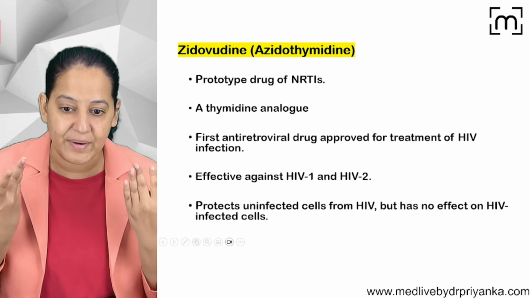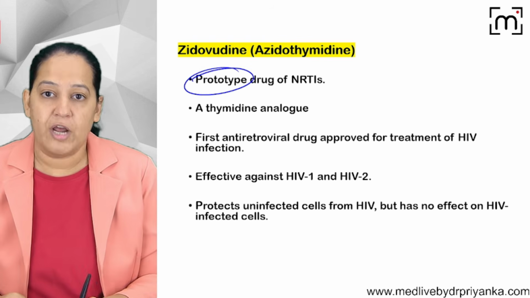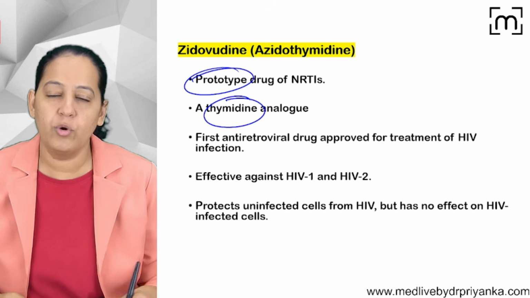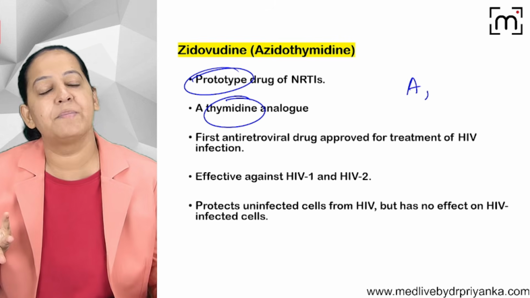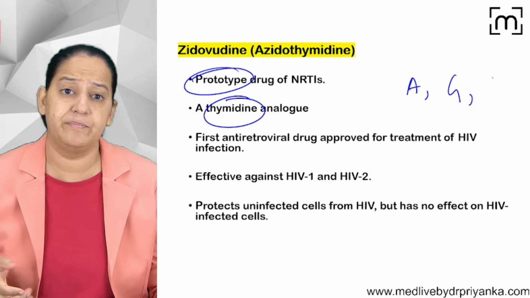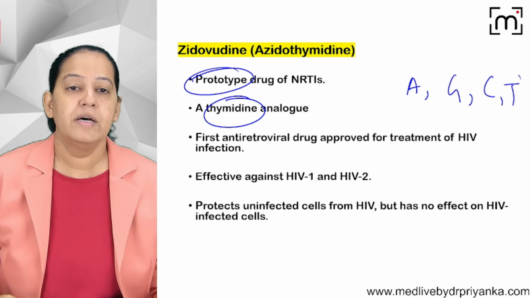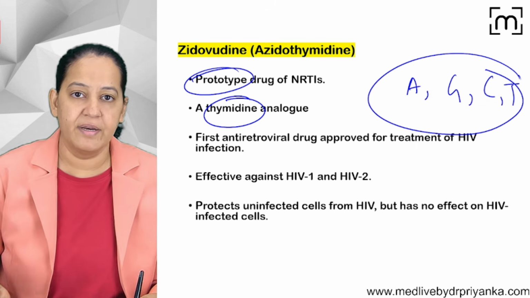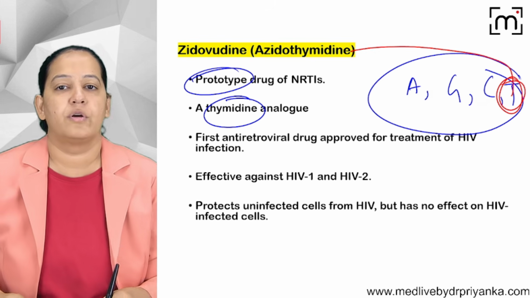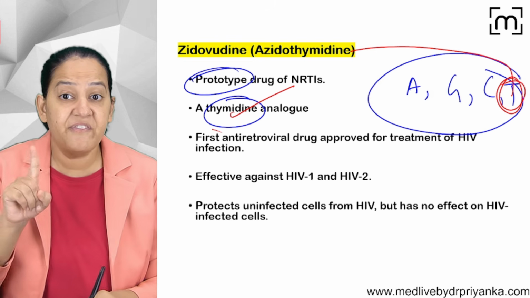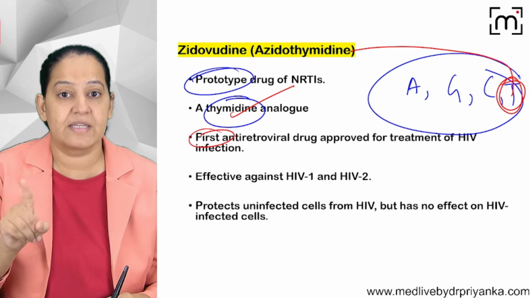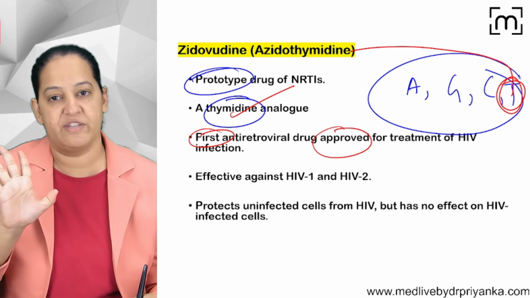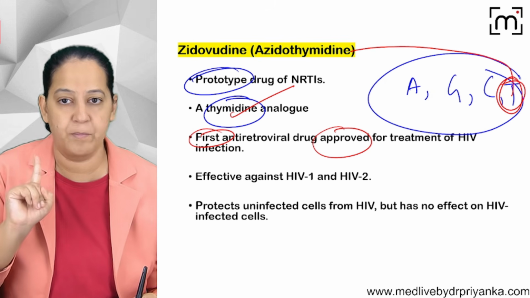So let's start Zidovudine. Zidovudine is a prototype drug. It's a thymidine analog. I told you, some of them are analogs of adenosine, some of guanosine, cytidine and thymidine. So they are nucleosides, 4 nucleosides. Zidovudine is a thymidine analog. You have to learn it. It is the first antiretroviral drug which was discovered and approved for the treatment of HIV. You get questions on it. It was a pioneer drug, most important drug.